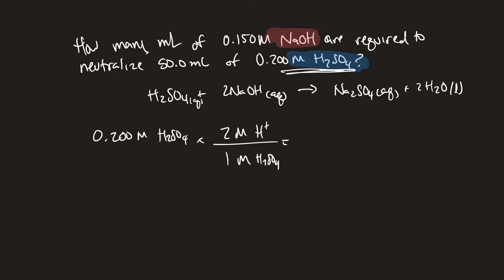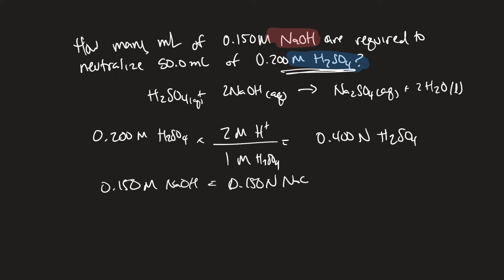So this concentration in normality is 0.400 normality of H2SO4. And for the sodium hydroxide, since it's monoprotic, 1 molar of NaOH is also equal to 0.150 normality of NaOH. It's a 1-to-1 ratio, so it works itself out. So we can use these numbers.